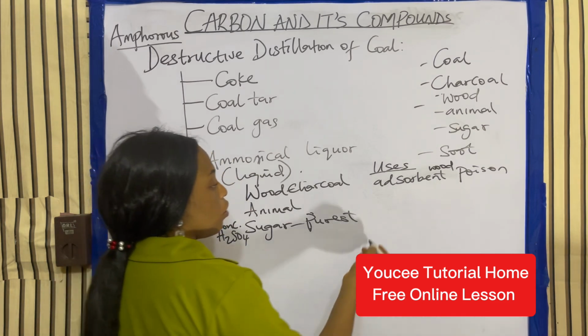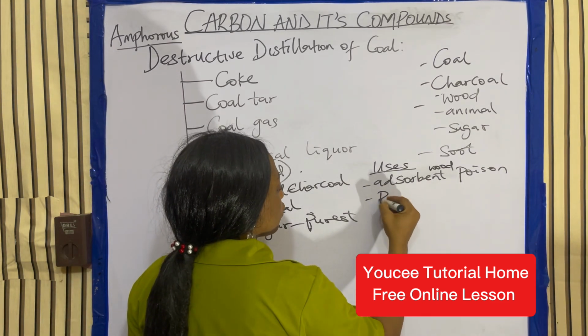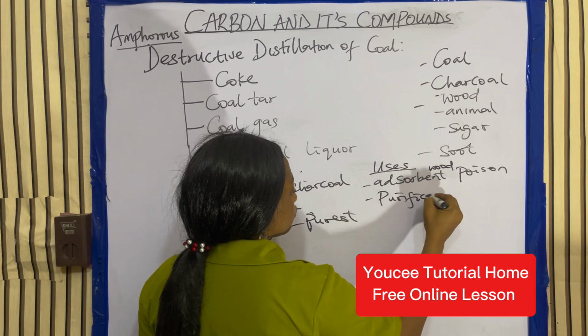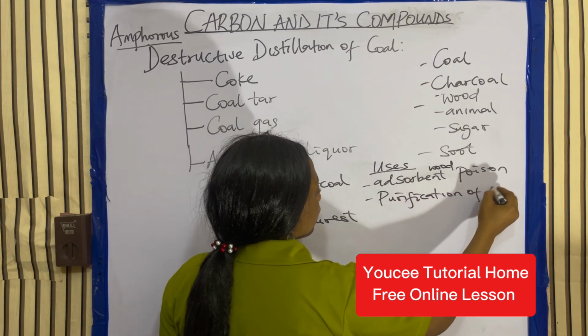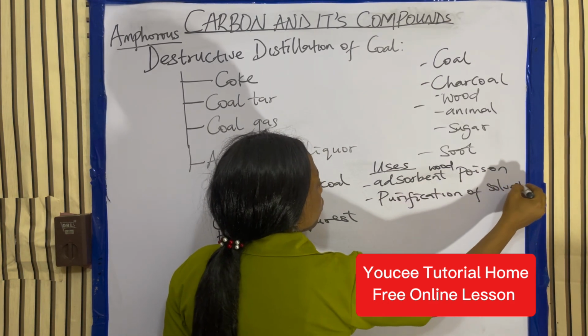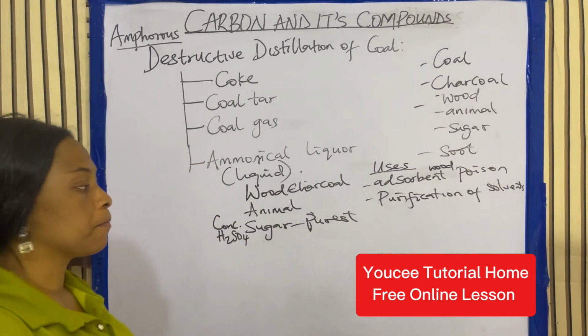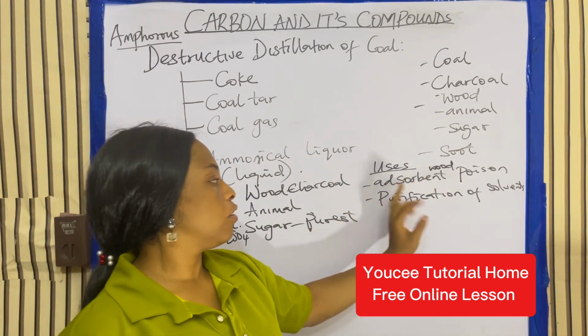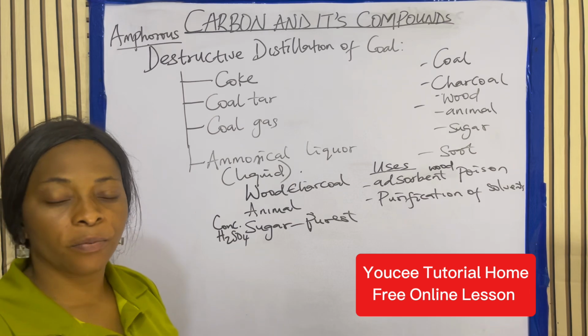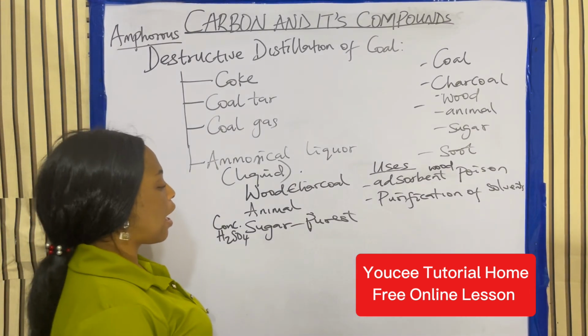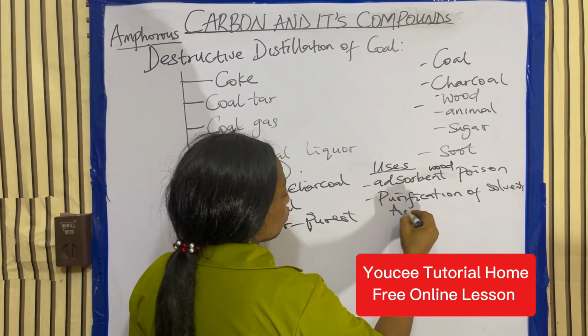Wood charcoal is also used for purification of solvents. That is wood charcoal, an absorbent for purification of solvents. Then we have animal charcoal.